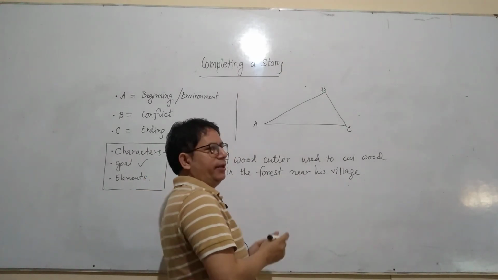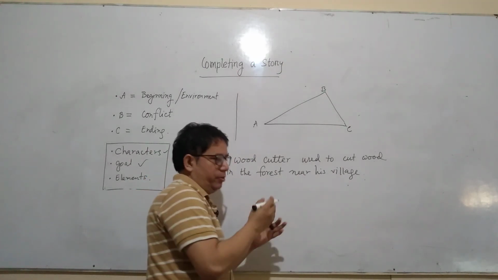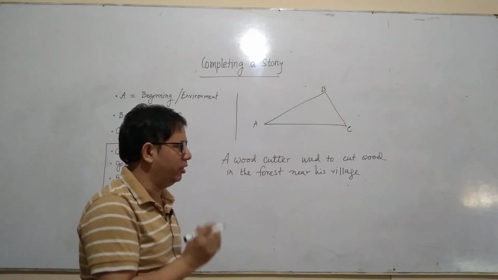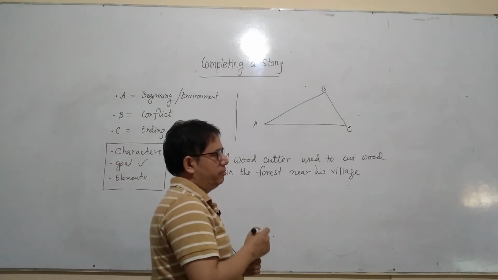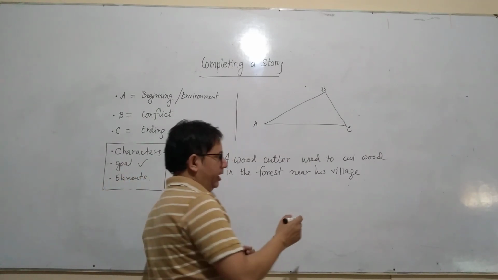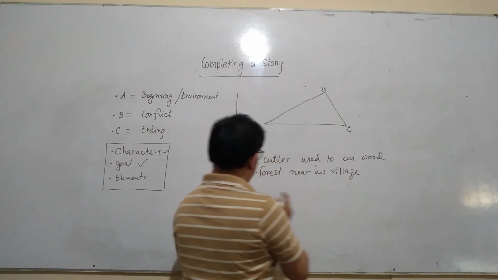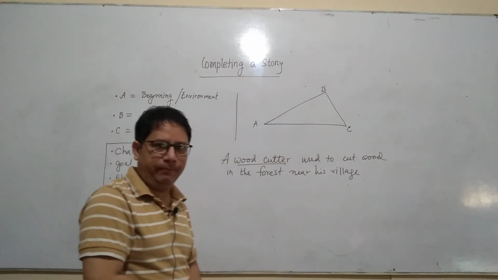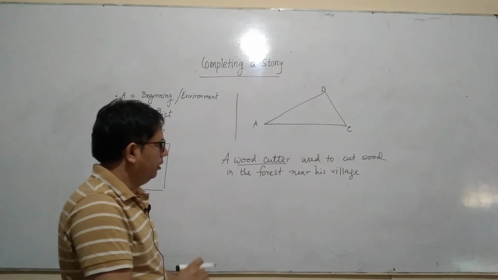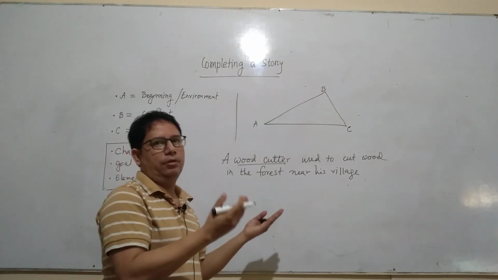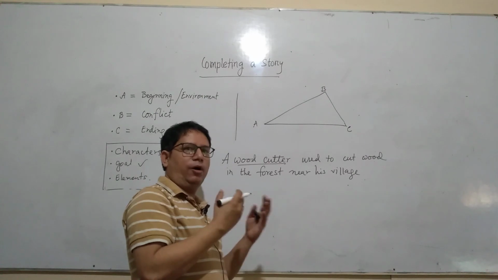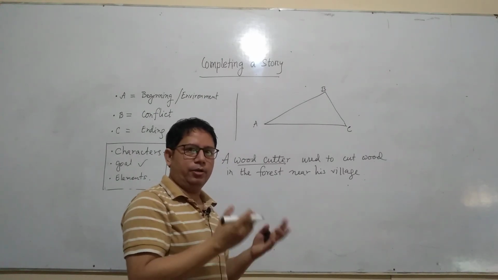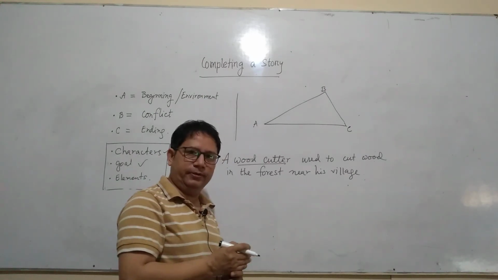Okay, so we can proceed a little bit in a small environment, through two or three steps. So the woodcutter is the main character. The woodcutter wants to live in an honest way to lead his life.